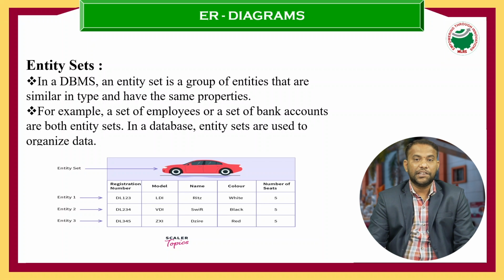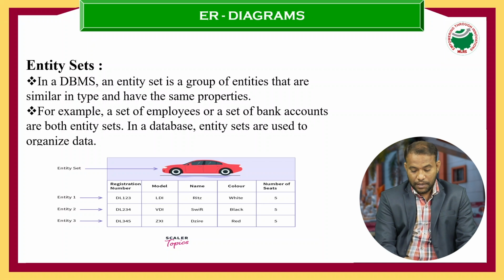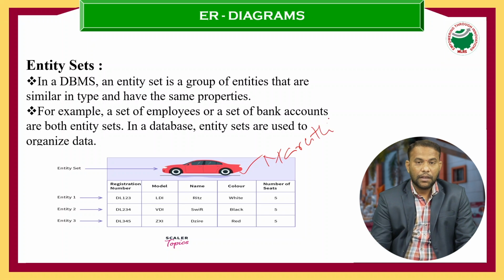Next one is entity set. What is meant by entity set? In DBMS, an entity set is a group of entities of a similar type that have the same properties. We'll take one example. Take a car, for example: there is a Maruti company.